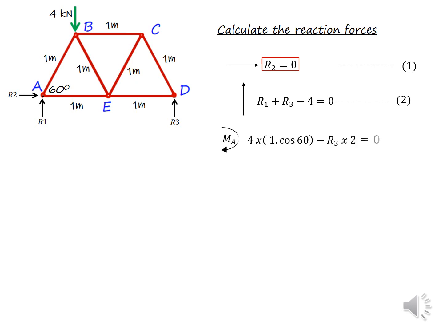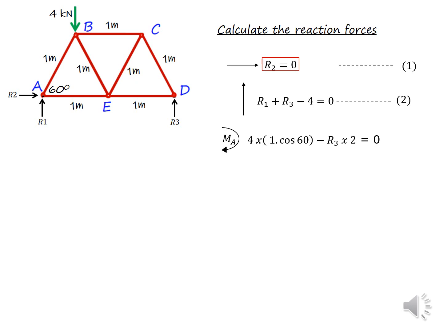Now our third equation: the moment at any point of this structure should be equal to 0 for overall stability. So I'll take moments about joint A. As per the equation, first we should consider which loads are effective for the moment.